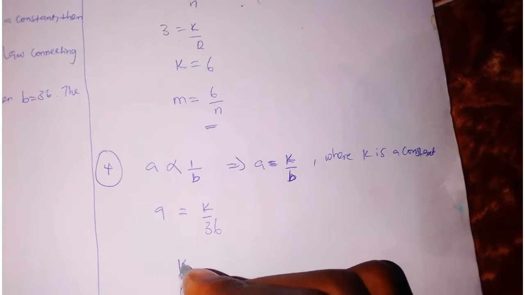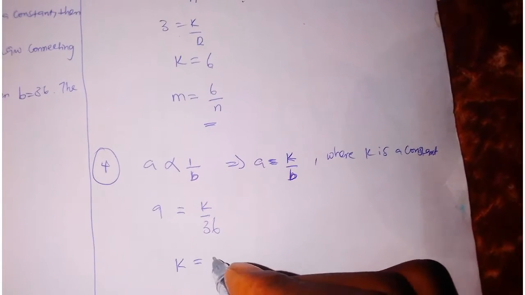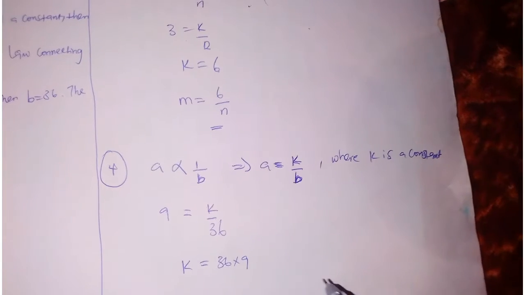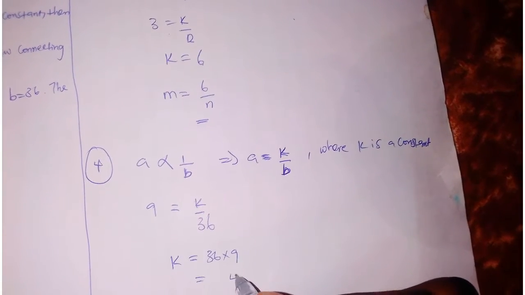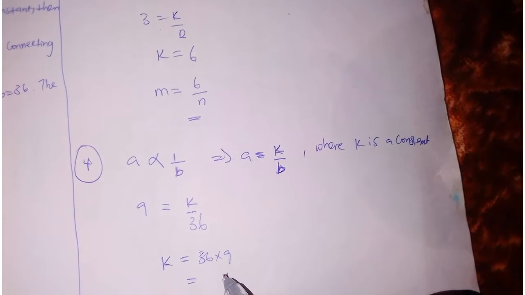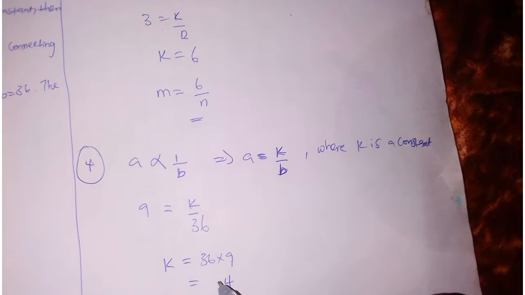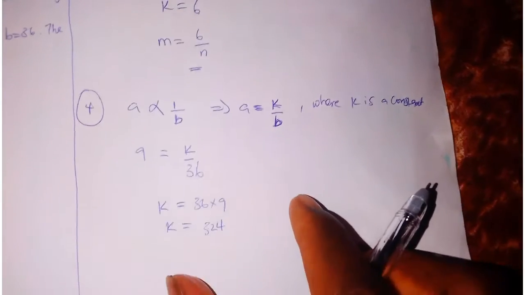So then I will multiply 36 and 9 together to get my K. That becomes 36 times 9. Okay, 9 times 6 here is 54, 4 remainder 5. 9 times 3 here is 27 plus 5, that's 32. So my K is 324.